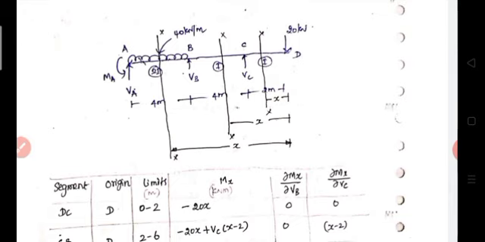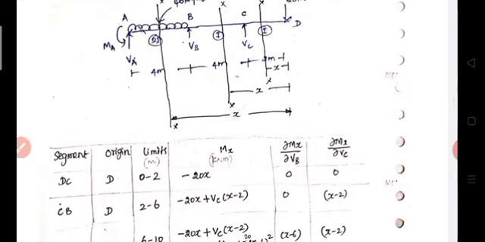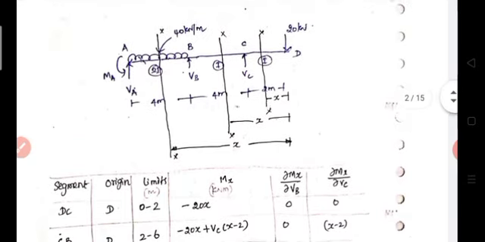First consider segment DC. Take section XX, x distance from point D. The segment is DC, our origin is D, then the limit is C, D to C is 2 meter, so 0 to 2.